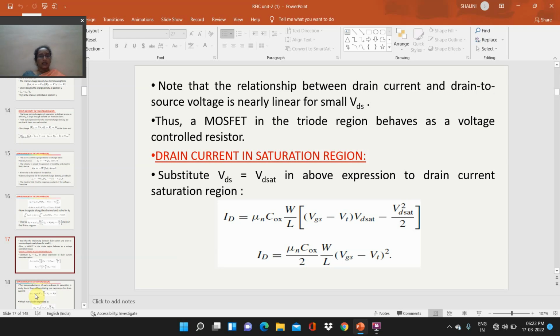So ID is equal to mu_n Cox W/L [(VGS - Vt) VD,sat - VD,sat^2/2]. Then ID is equal to (mu_n Cox/2)(W/L)(VGS - Vt)^2.